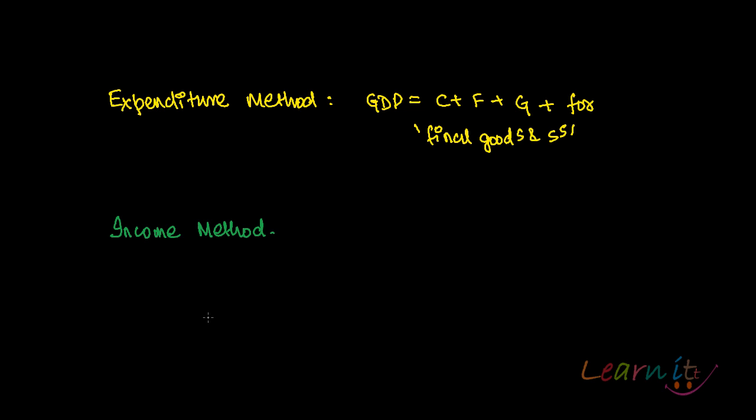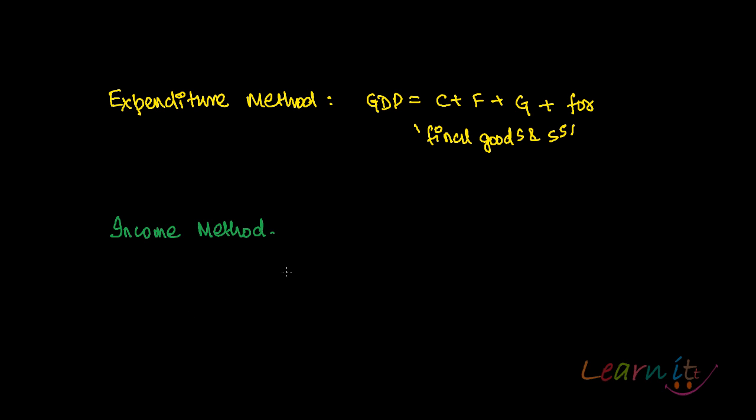But the expenditure which would have gone in buying the inputs for production of bread should not be counted. Fine, because the price of inputs which have gone into the production of bread would have been reflected in the price of bread.